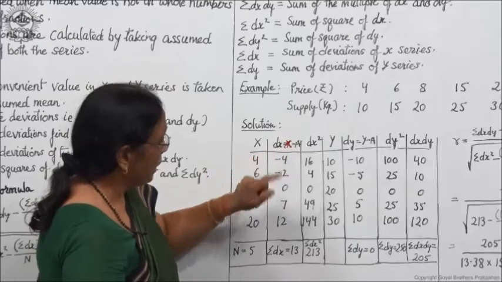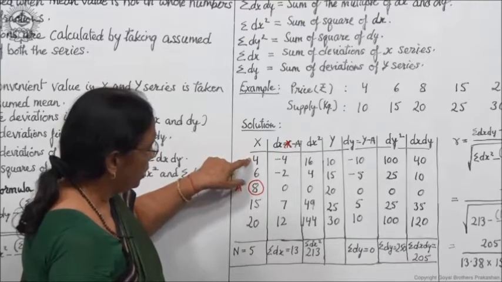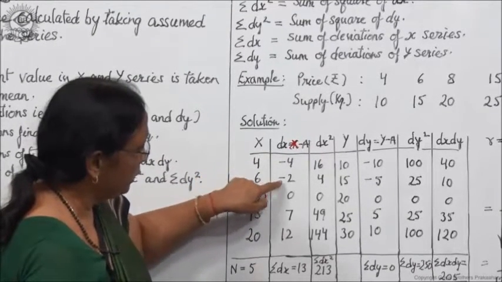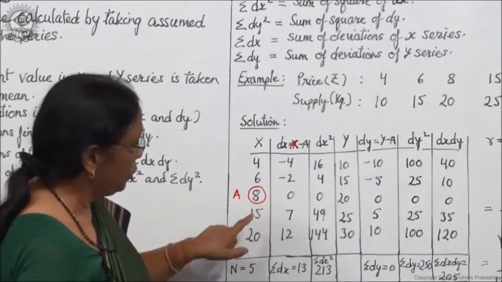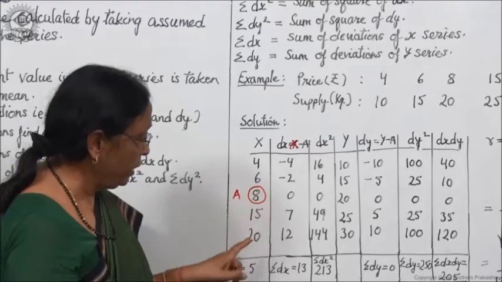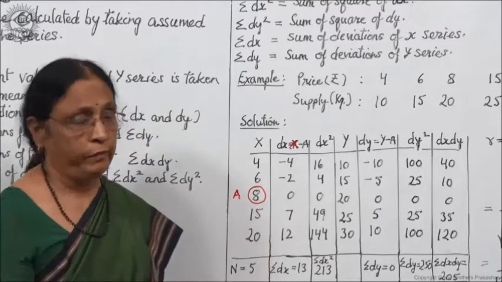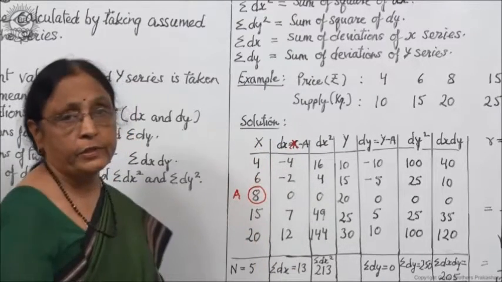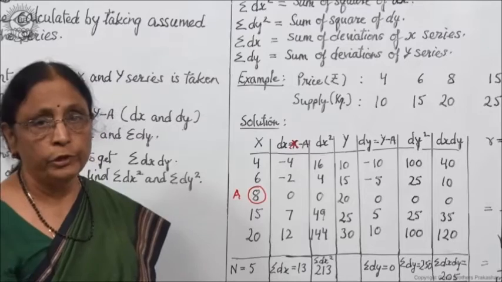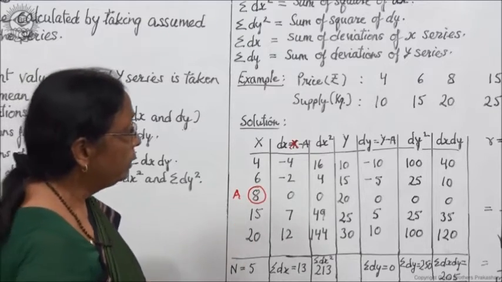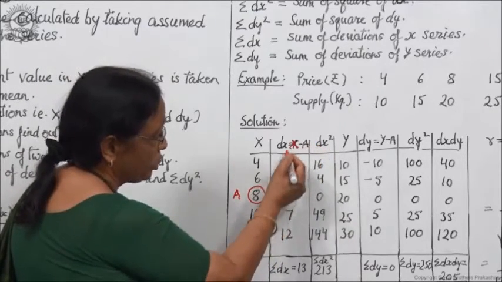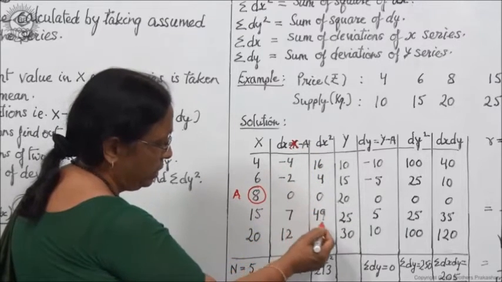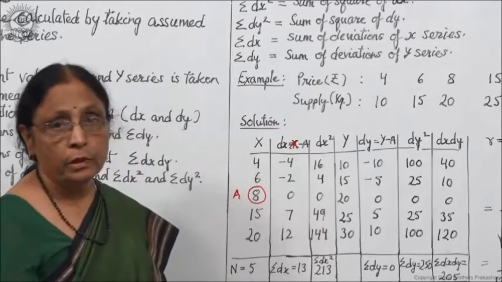So x minus a: 4 minus 8 is minus 4, 6 minus 8 is minus 2, 8 minus 8 is 0, 15 minus 8 is 7, 20 minus 8 is 12. This way we take out the deviations of the x series. Followed? Then dx square is the square of this column, 4 into 4 is 16, like this, and you get these values.